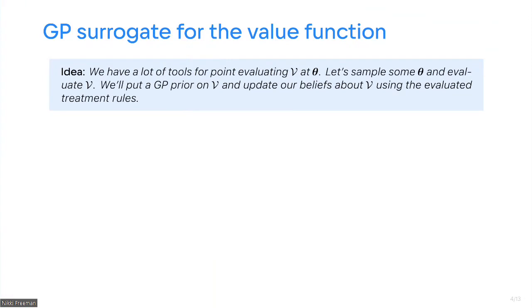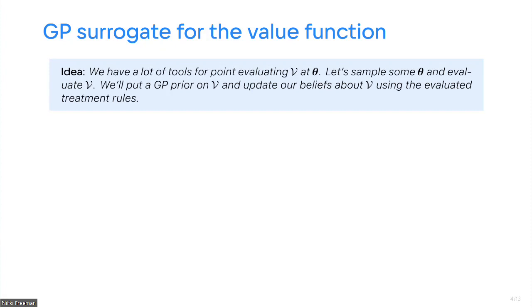Okay. So what we're going to do instead is use the tools that we have for point evaluating the value function. And you've probably heard of some of these: inverse probability weighting, augmented inverse probability weighting, G computation. These are all strategies for evaluating the value of an individualized treatment rule.